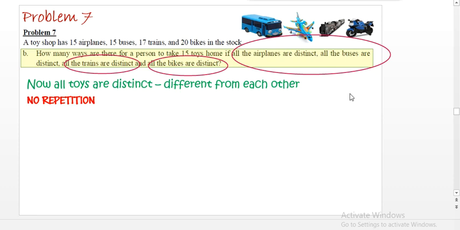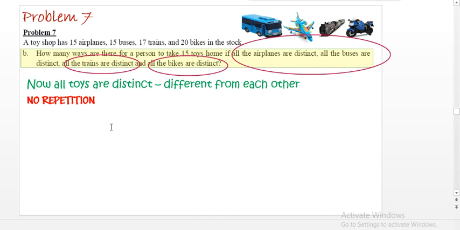All 15 airplanes are different from each other. All 15 buses are different from each other. All 17 trains are different from each other. Each and every toy is distinct. So that means we have all different toys, not one is the same as another. All distinct objects, there's no repetition.